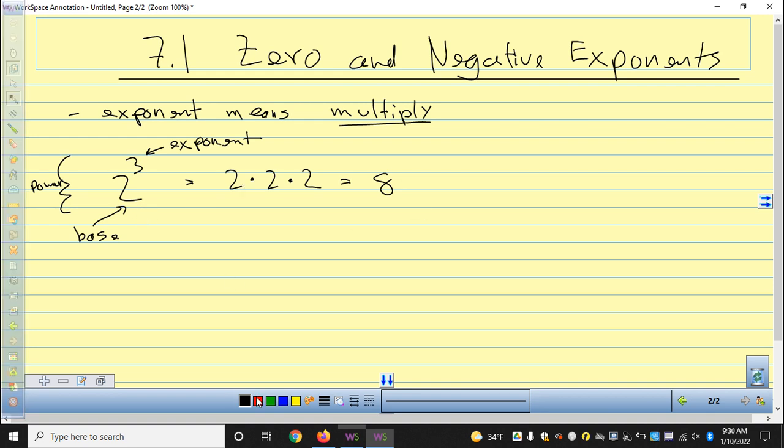And we could pronounce this 2 to the third power. And a lot of times we just shorten it to 2 to the third. Or with 3, a lot of times we'll say 2 cubed.